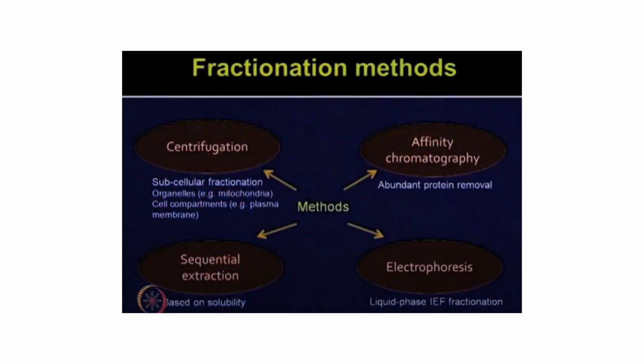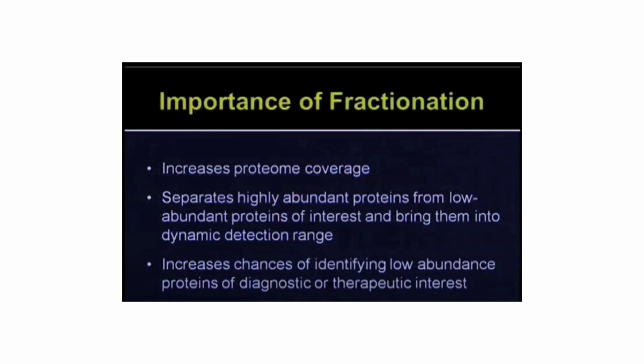Fractionization methods: first is centrifugation, or you can use any type of chromatography for purification. Sample fractionization involves the purification step itself. One of the initial purification steps is, in other words, fractionization. You collect different samples, and whichever fraction your protein is present in, you take only that specific fraction ahead for further analysis.